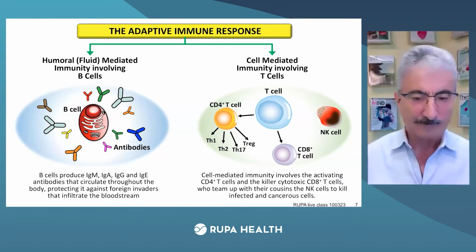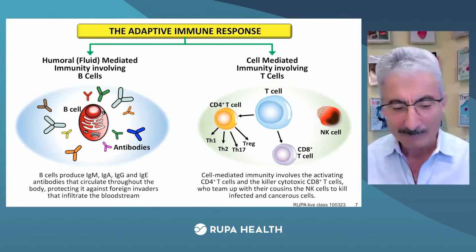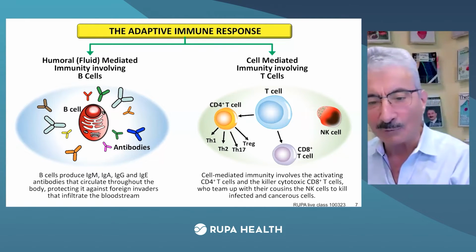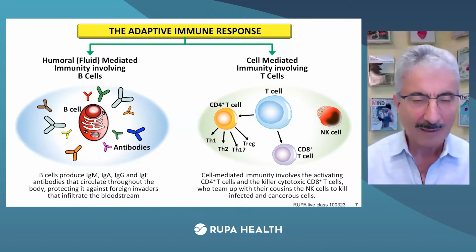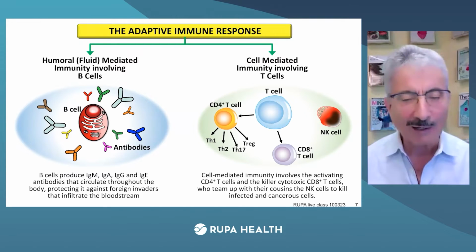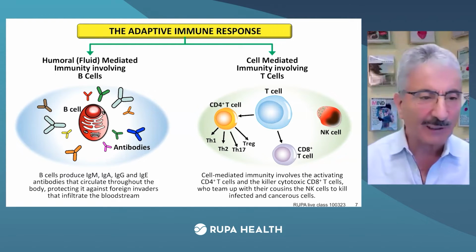system and how the immune system works. The immune system is classified as innate and adaptive immune response. The adaptive immune response is also classified as humoral and cell-mediated immunity.